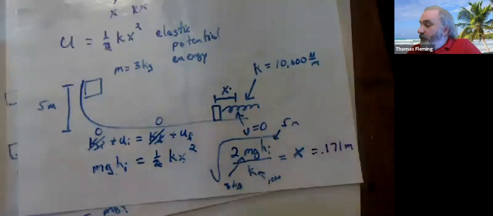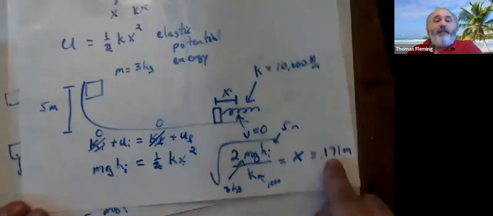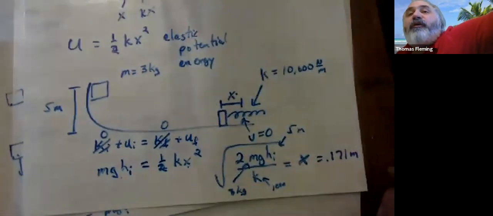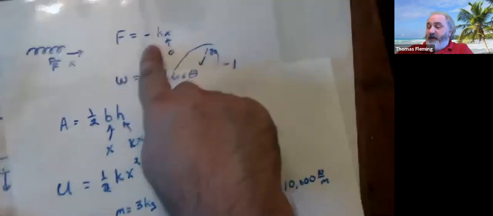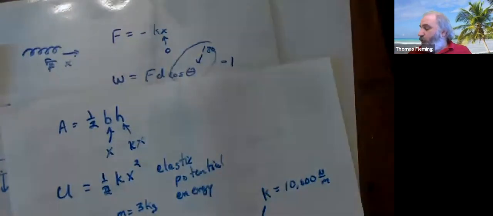Right, because remember, the spring is now being compressed this far. That means the spring is exerting a force on my guy this big, k times x. Well, wait a second. 0.171 times 10,000, I don't know why I'm putting this in my calculator because I'm an idiot, is 1,710 newtons.